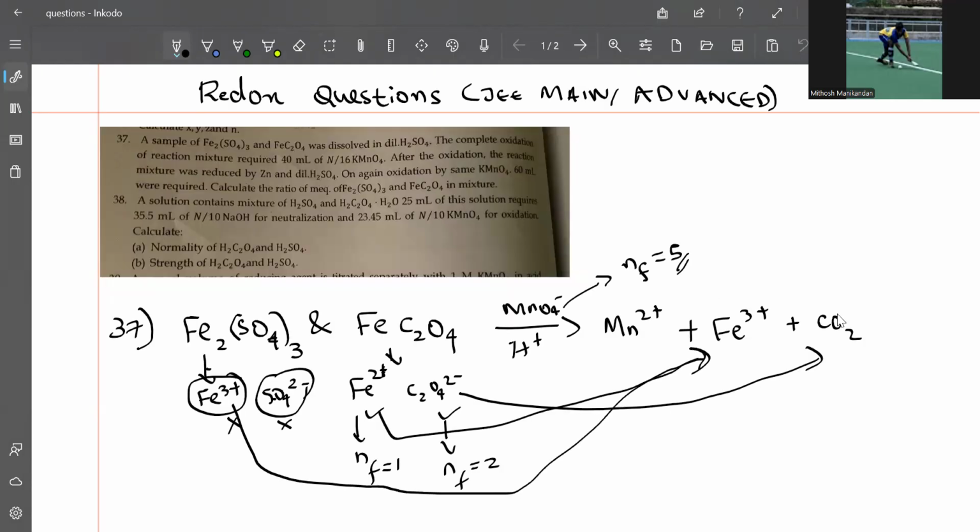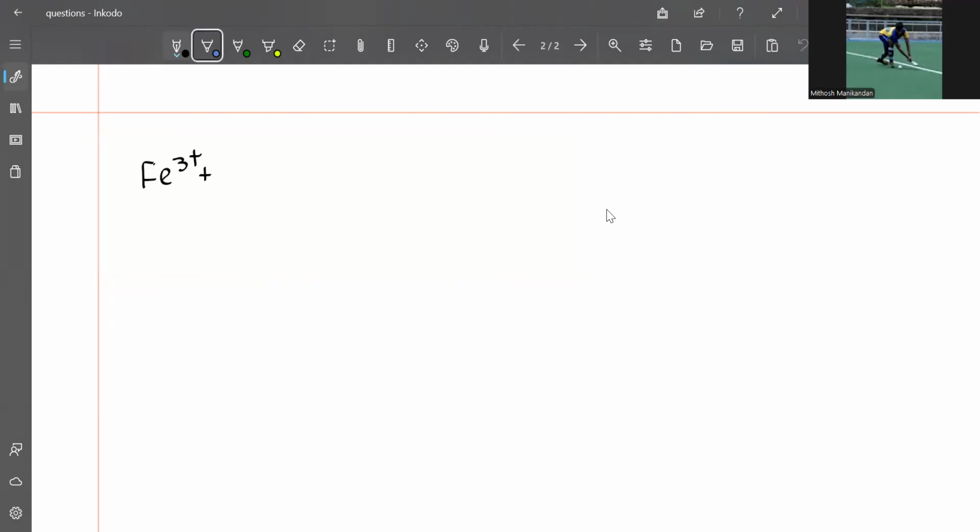You need to understand CO2 will be gas, obviously, so it will escape, right? So that will not further undergo reduction. So if we do reduction with zinc, it is only Fe3+. So you have SO4 2-, but SO4 2- will not undergo reduction by zinc.